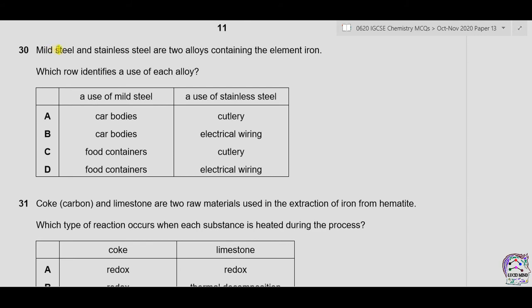Question 30. Mild steel and stainless steel are two alloys containing the element iron. Which row identifies a use of each alloy? We know that mild steel is a hard and strong material, while stainless steel is also hard and it is also rust proof.